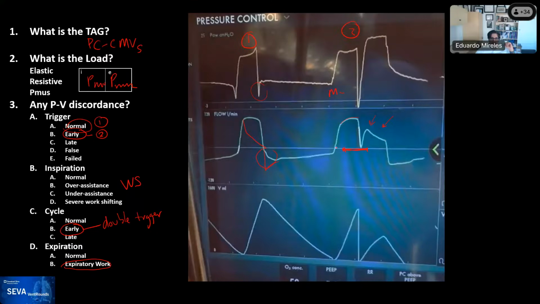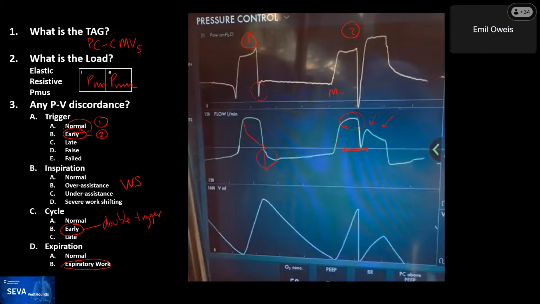Is there PMUS that is expiratory at the very beginning of the breath? You mean what it raised over here, this period that I'm circling? Why is there a rise right after the initial portion of the breath?